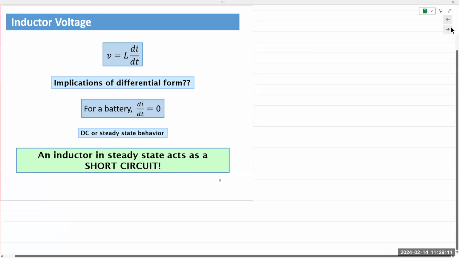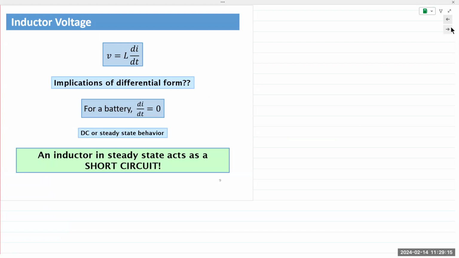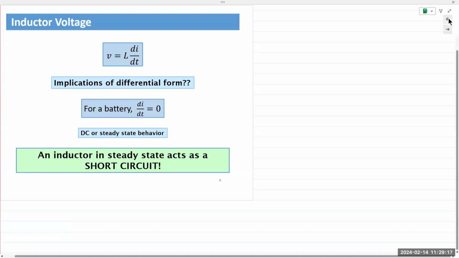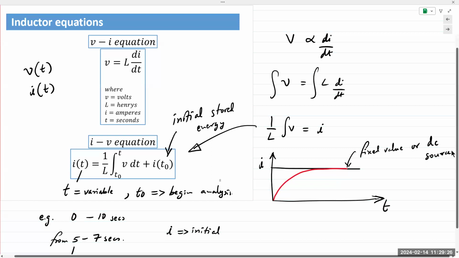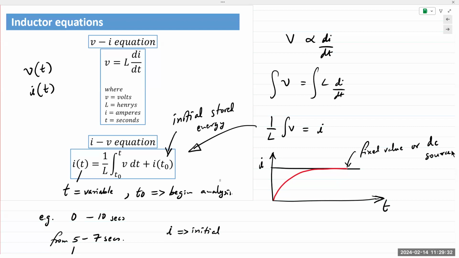Moving on, what does that equation mean for a DC or a constant source? This is a fixed value or DC source. What do we see? It cannot change in an instant. It cannot go from 0 to max value in an instant. It charges, right?